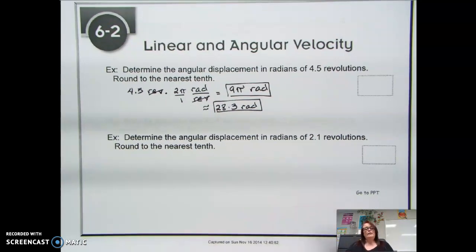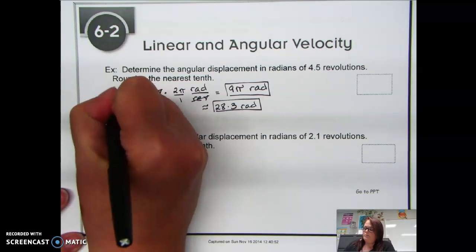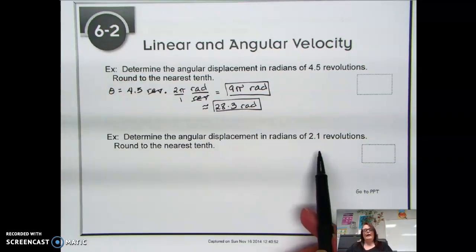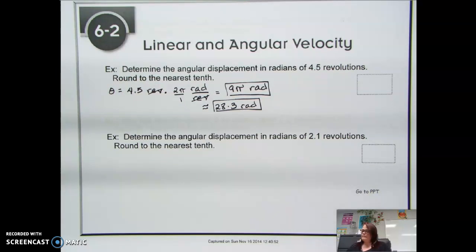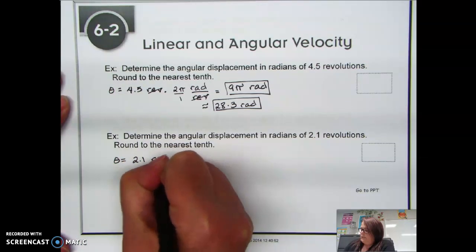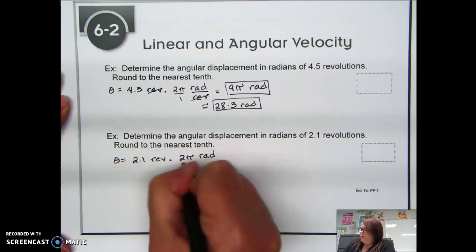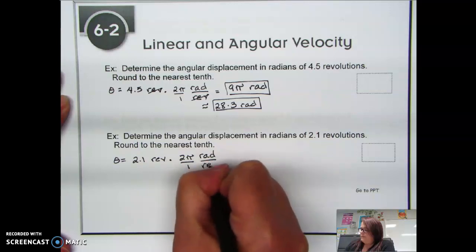Okay, so take a moment to pause the video and tell me what is theta. By the way, this was finding theta. What is theta after 2.1 revolutions? So that means theta is going to be 2.1 revolutions times 2 pi radians for every 1 revolution.